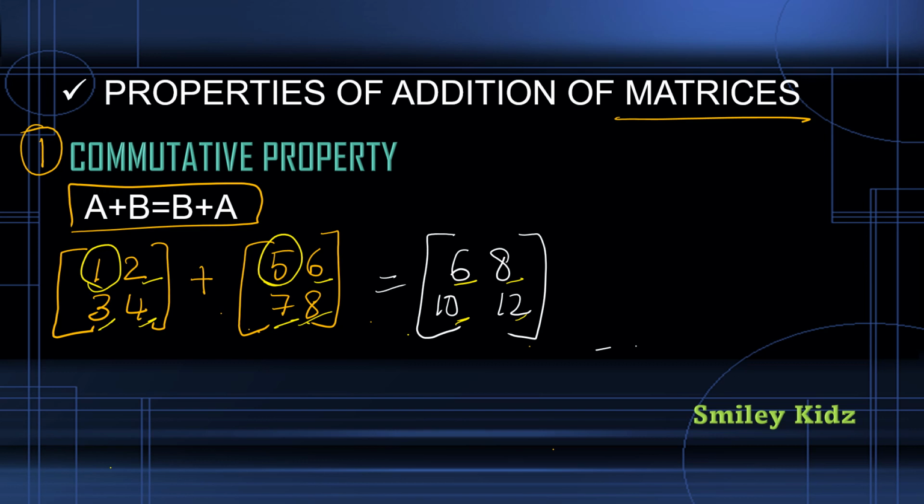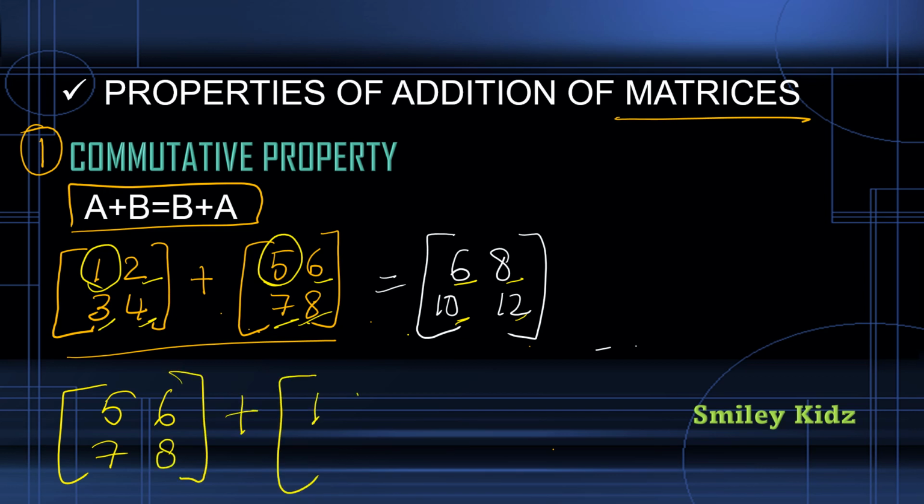Now what if I reverse these matrices? How do I do that? I'll write 5, 6, 7, 8 first plus 1, 2, 3, 4. Now let's add them and check out the result, right?